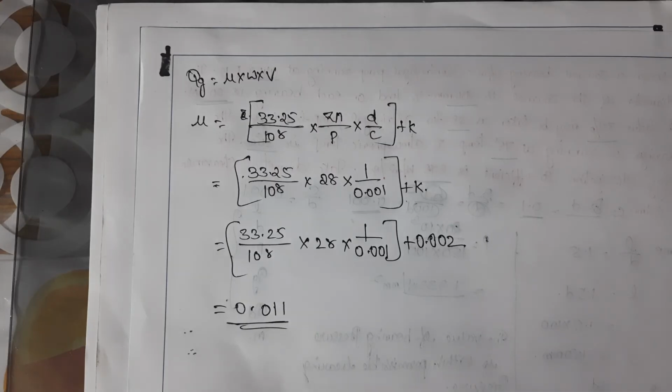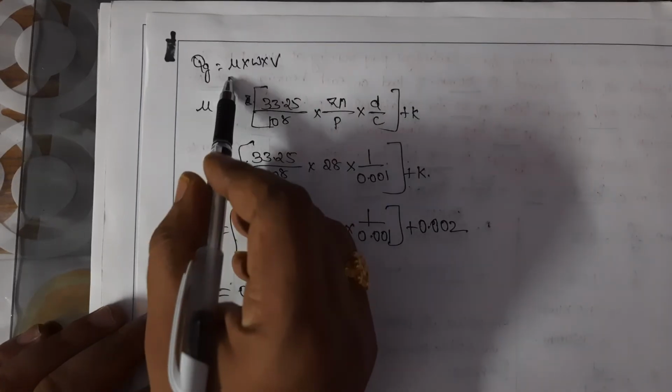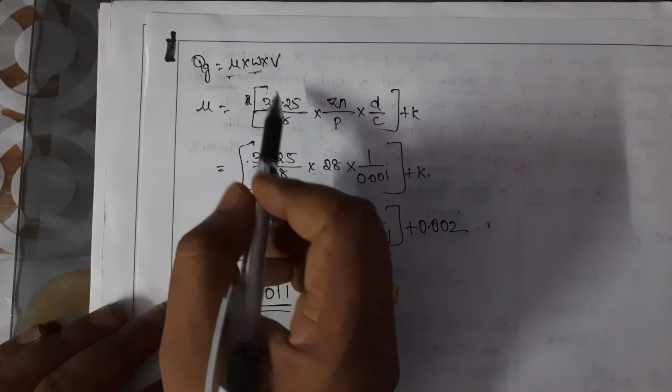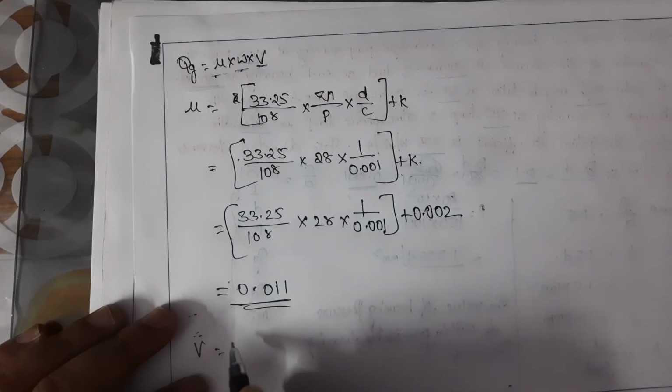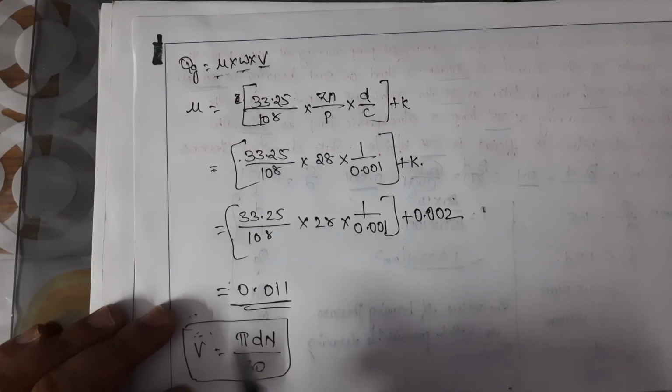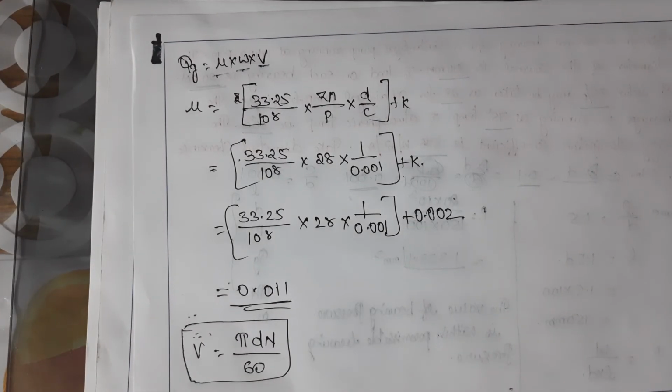Okay, so after that we need to substitute the value. So mu we have calculated, W is nothing but your load, V is nothing but your rubbing velocity, that is nothing but pi dN by 60. So this is the formula we are having, that is in the data book. Let me show you.